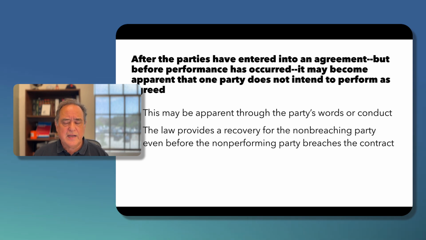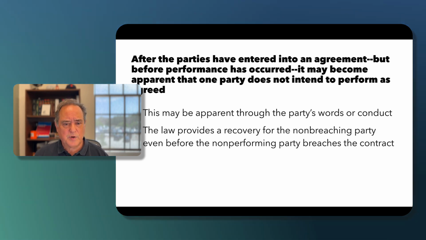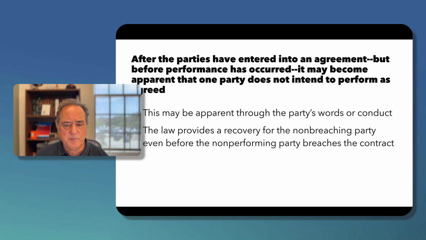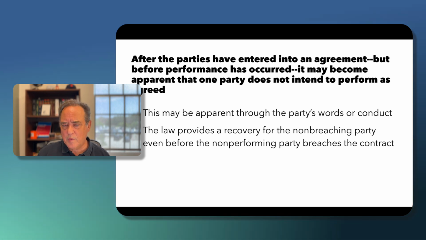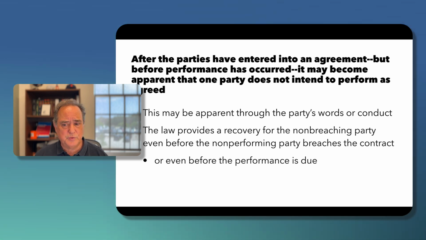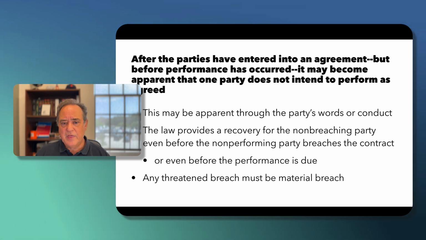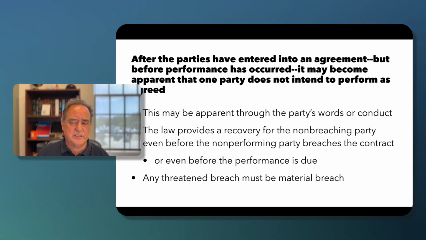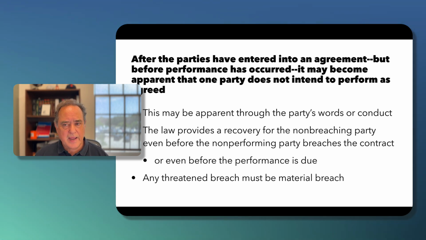The law provides a recovery for the non-breaching party even before the non-performing party breaches the contract, or even before performance is due. It is possible that a party, once it has made it clear that they will not be able to perform, then that gives to the non-breaching party the right to pursue a remedy.